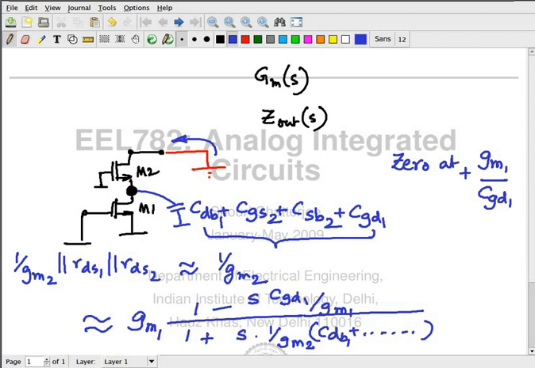This is the expression for my transconductance only. I have found out what is capital GM of S. This entire complete thing. Any questions?